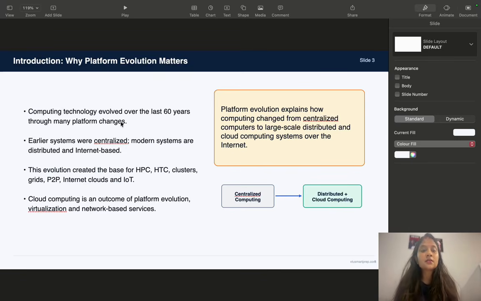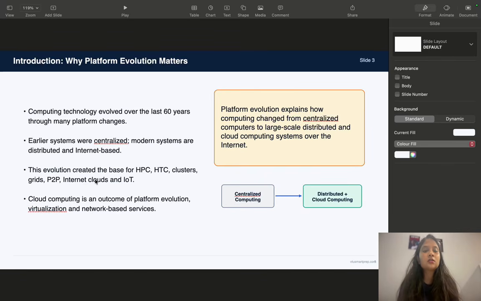Earlier systems were centralized, and modern systems are distributed and internet based. This is a very important point. Remember the keyword centralized for the earlier systems, while now we have distributed, internet-based systems.